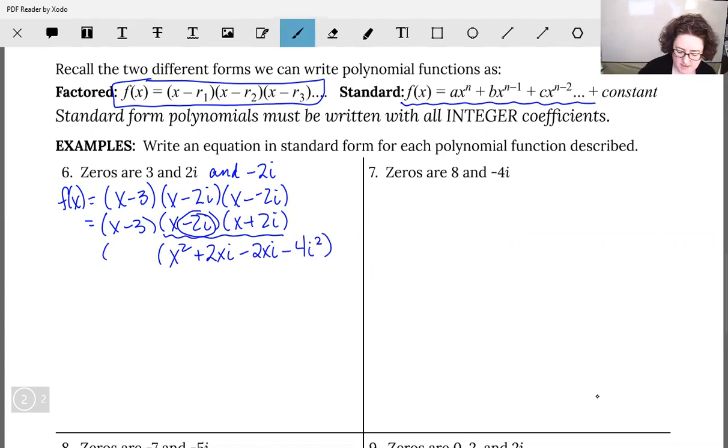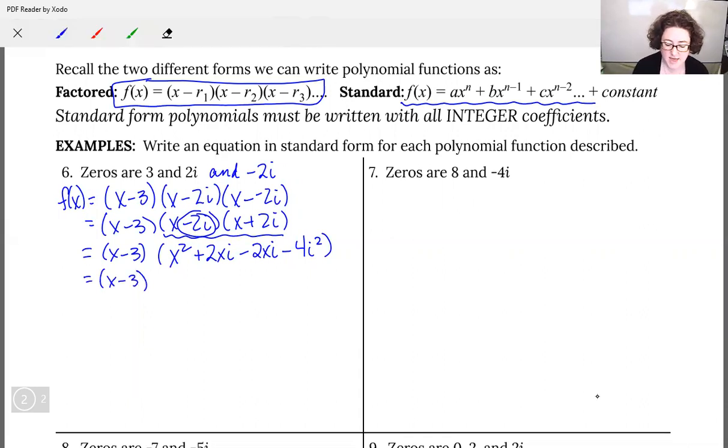I'm going to go ahead and copy down the x minus 3 so I don't forget about it. But I still want to simplify the right-hand side before I go any further, because that's kind of messy. I'm noticing that I actually have opposite terms in the middle. Those simplify out totally. And thinking back to what we knew about i raised to different exponents, what does an i squared actually simplify to?